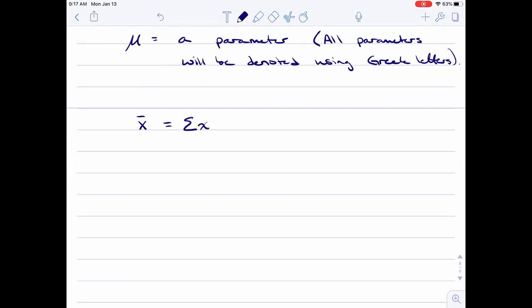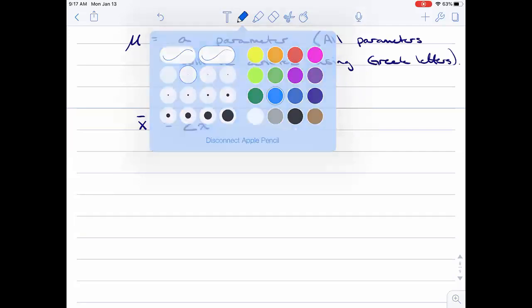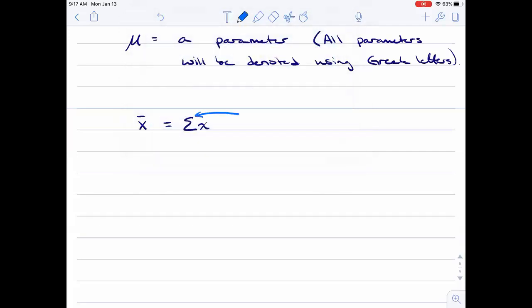What that looks like here, and I'm just going to do very basic summation notation, is a Greek capital sigma, and it just looks like this.